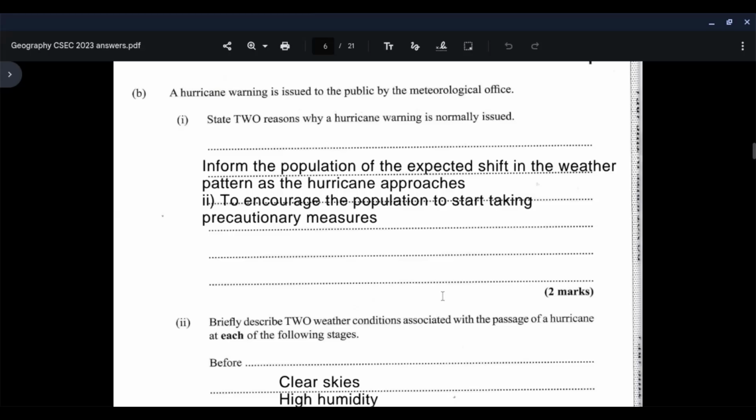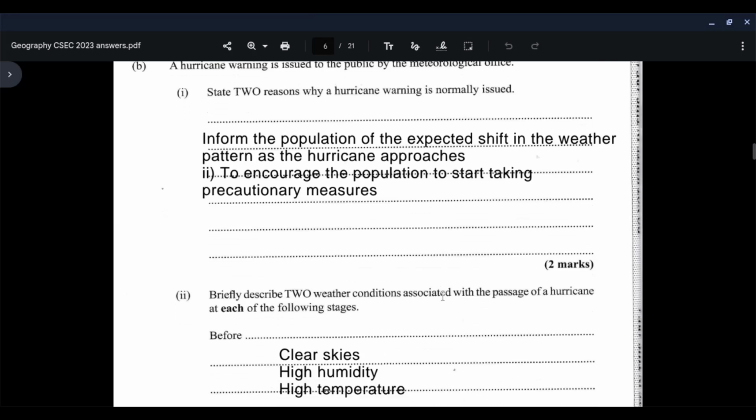To encourage the population to start taking precautionary measures such as boarding up the windows and turning off gas, water, and electricity. So, warnings are there to tell us about a shift in the weather pattern as well as to tell us to take precautionary measures. Once you're able to identify any 2 reasons, 2 marks belong to you.